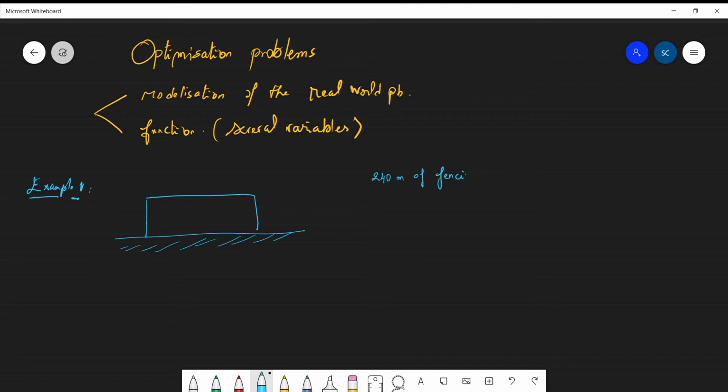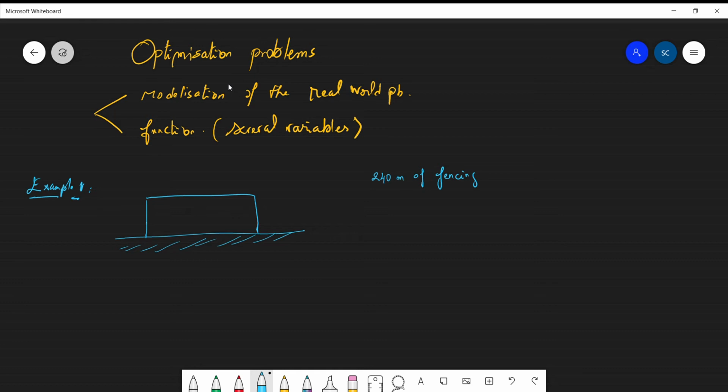So his purpose is to fence his field that is a rectangular shape, and he wants the maximum area he can fence.